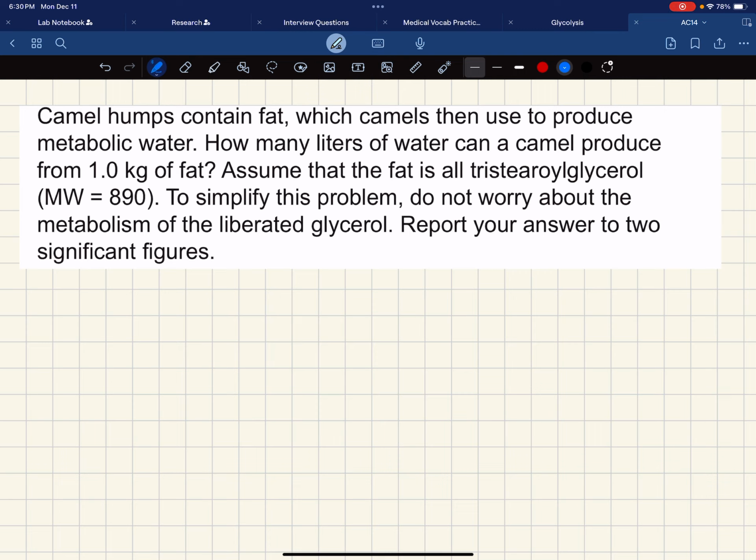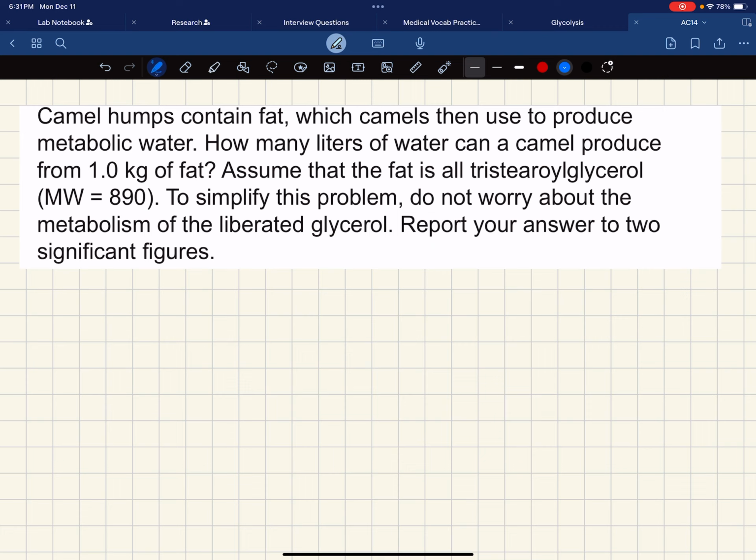So he's asking about camel humps, which contain fat that they use to produce metabolic water. Metabolic water means water that's produced as a metabolic byproduct of something else. It's not like they can use that water to directly drink. And so he's asking, if I've got a kilogram of fat, how much water can I produce from it?